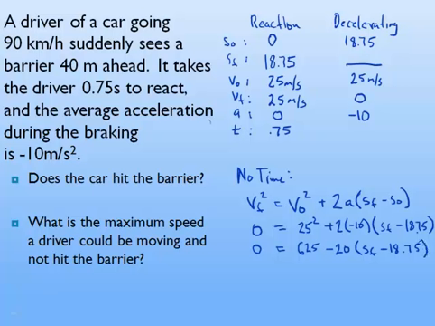We can move the 625 to the opposite side. That would make it negative 625 equals negative 20 times SF minus 18.75. We could distribute and then move stuff and then divide, or I think it's easier in this case to divide both sides by negative 20.